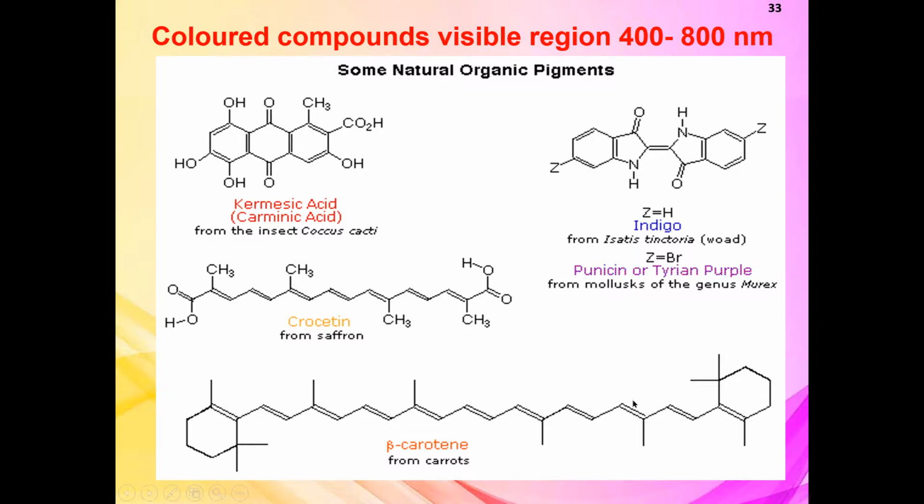So here are some compounds which I have given as an example. You can see these structures. There are many conjugated bonds. Along with that, there are auxochromes.